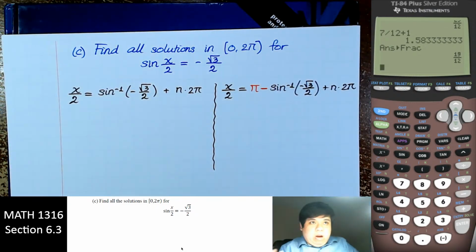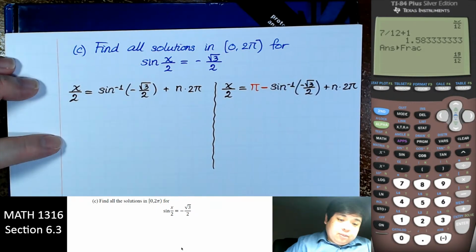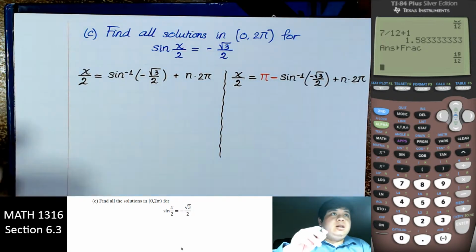And the period for sine is also 2 pi. Right. Now this time we solve for x.